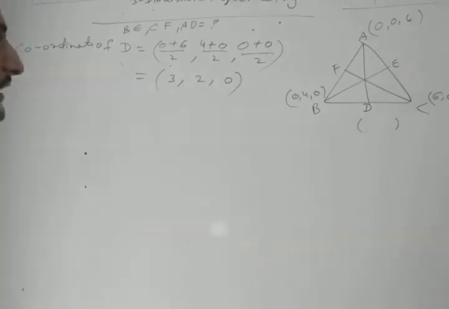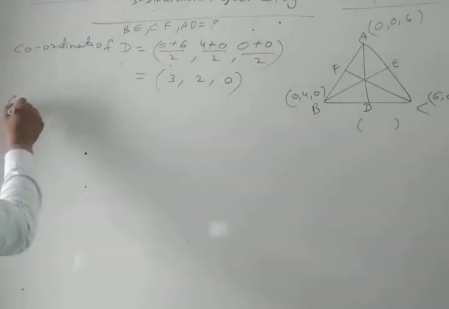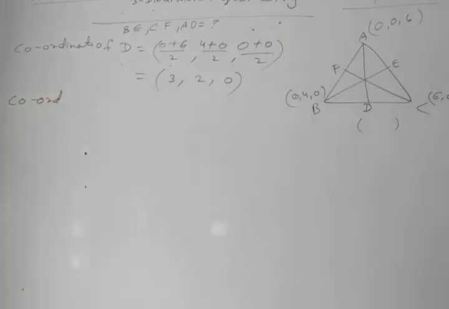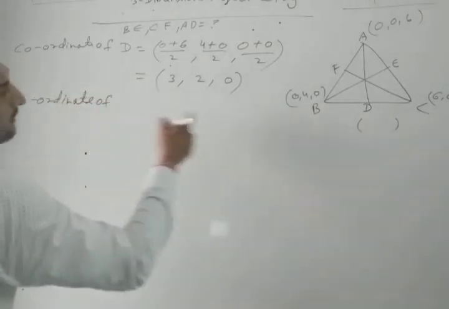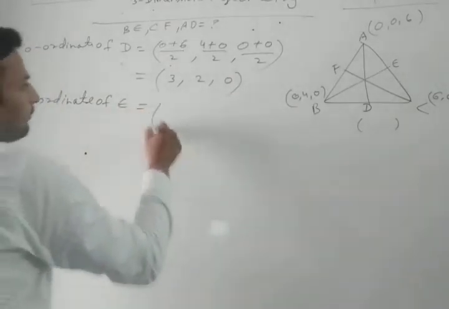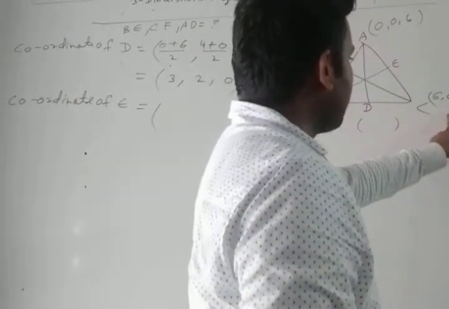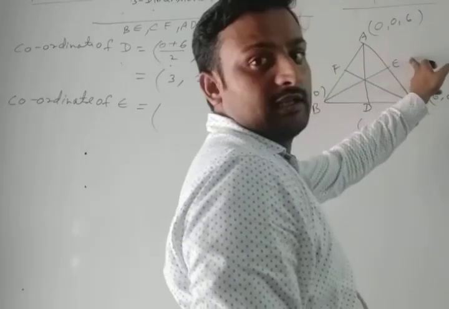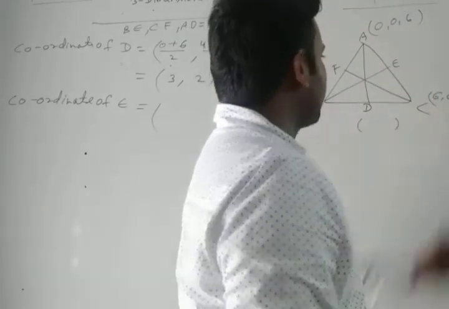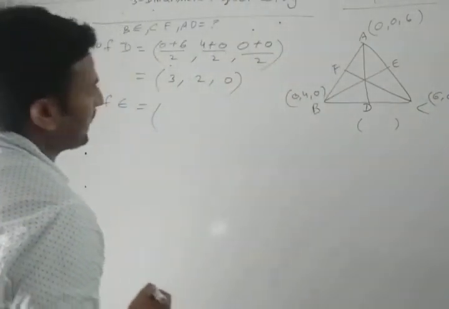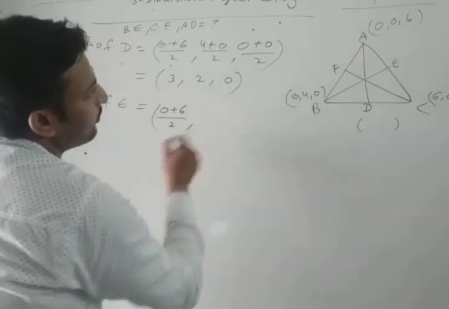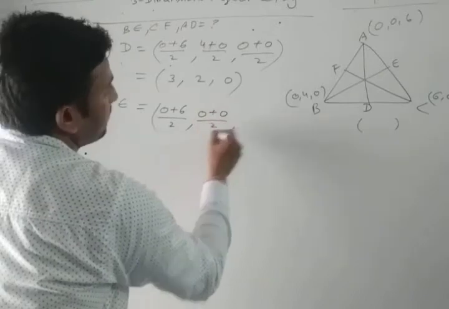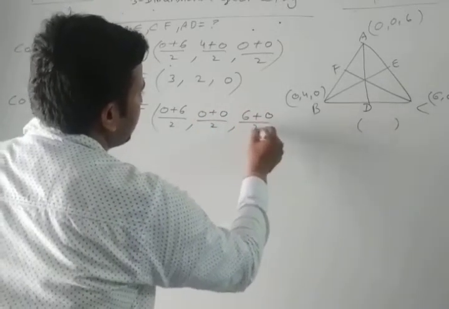Now we will find the coordinate of E. E is the midpoint of C and A. So we take A and C. The coordinate of E is (0 plus 6) by 2, (0 plus 0) by 2, (6 plus 0) by 2.